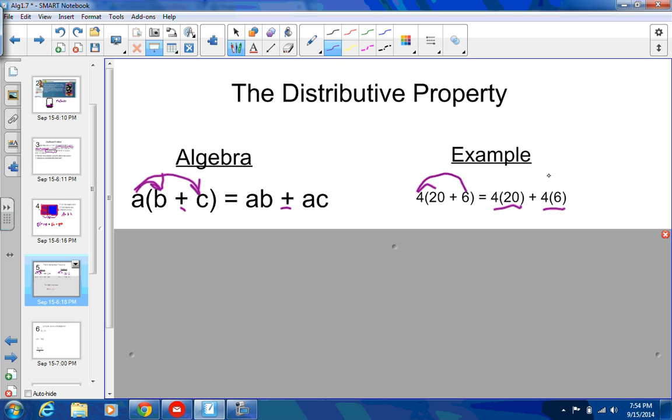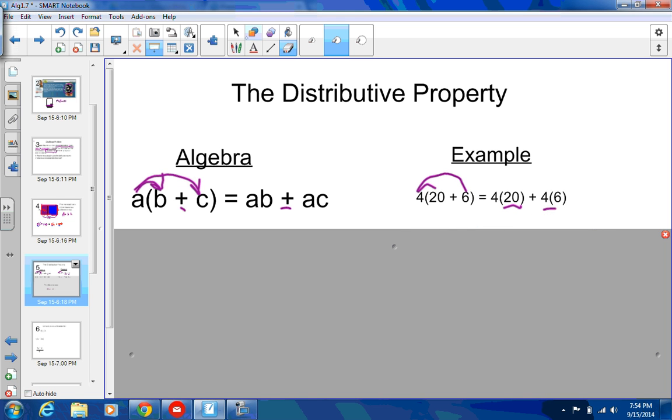And 4 times 20, that's a pretty easy one. If you figure it out, it is 80. And then you add 24. You get 104. It's a whole lot easier than thinking of what 4 times 26 would be. It takes a little bit more work that way. So the distributive property is really nice in that respect.